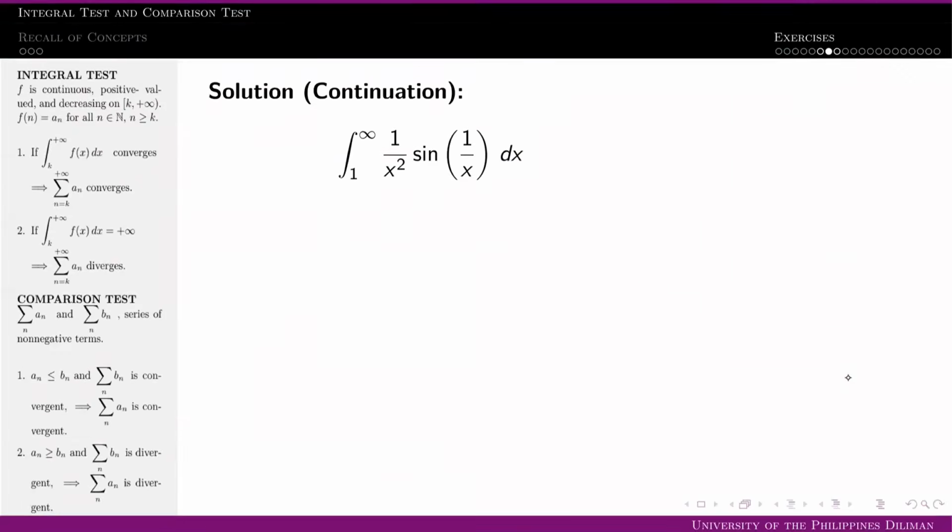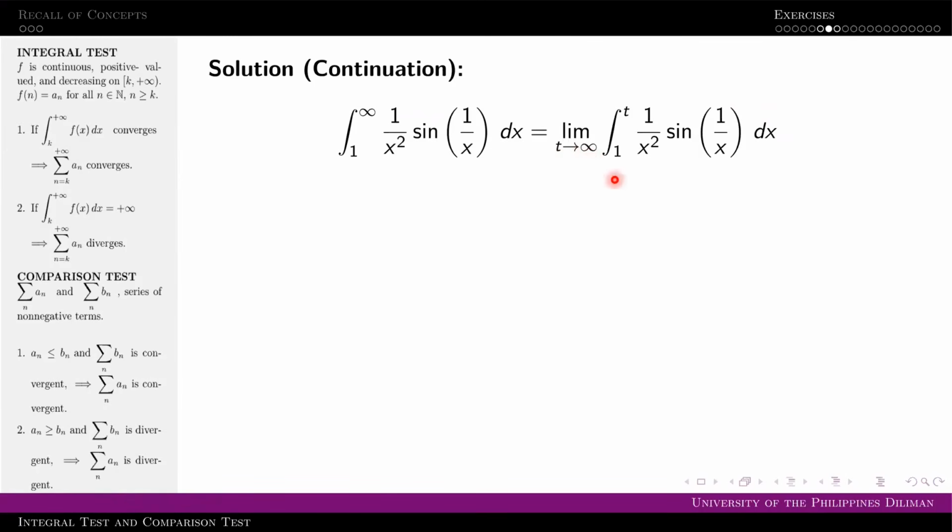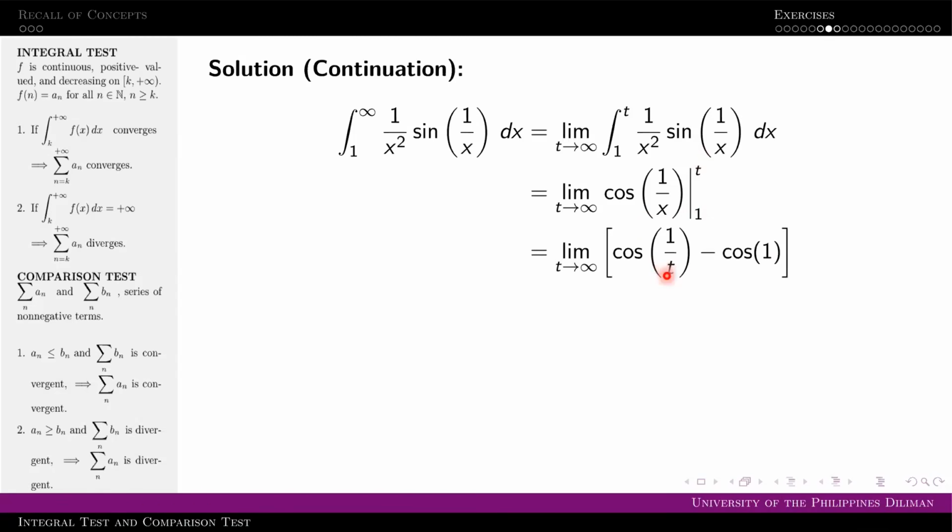We can now solve for the improper integral. This is just the limit as t approaches infinity of this integral. So again, this is easily integrable when you let u to be 1 over x. And if you do that, you will arrive at the following antiderivative, cosine 1 over x. And if we evaluate that from 1 to t, we will arrive at cosine 1 over t minus cosine 1.